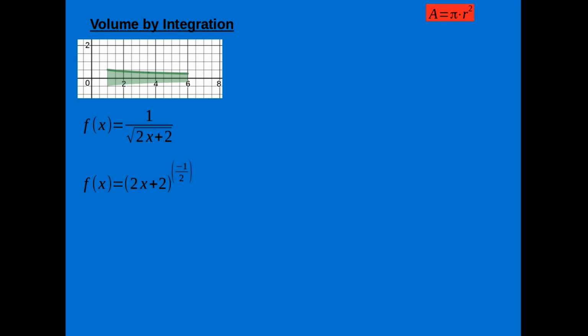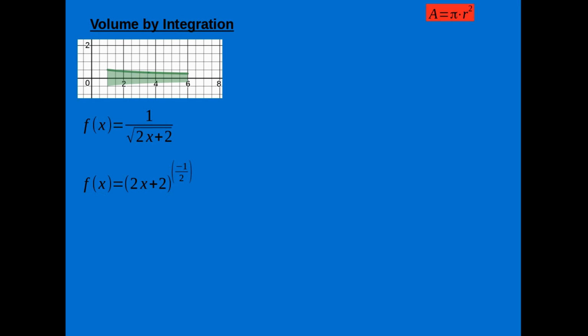So first I'll point out that for simplification, 1 over the square root of 2x plus 2 is the same as, in brackets, 2x plus 2 to the power of negative 1/2. A power of 1/2 is the same as a square root, and negative because we're holding it in the denominator and now showing it in the numerator, so we have to flip the sign of the exponent.